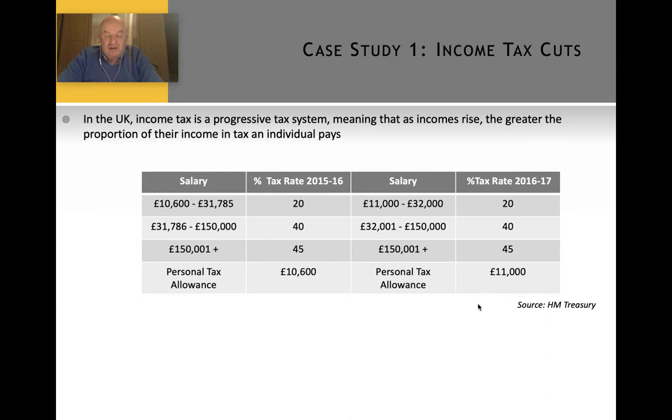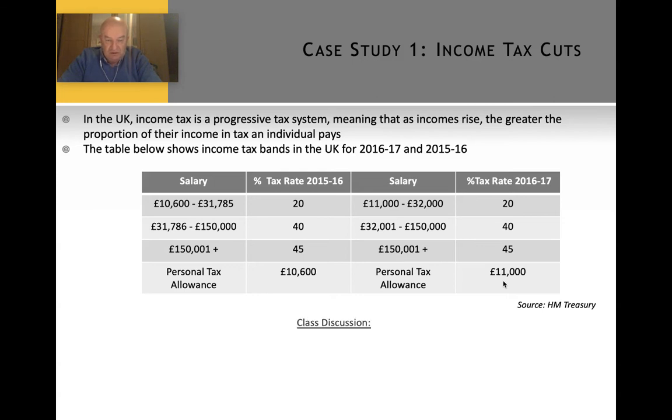I wouldn't say constantly, but if we increase the personal tax allowance, that means more people receive more money that they don't have to pay tax on. So that's going to mean they've got more disposable income, and hopefully that will have an impact on the amount of spending that they do. As I mentioned, the table just shows the figures for 2015-2016 and 2016-2017.